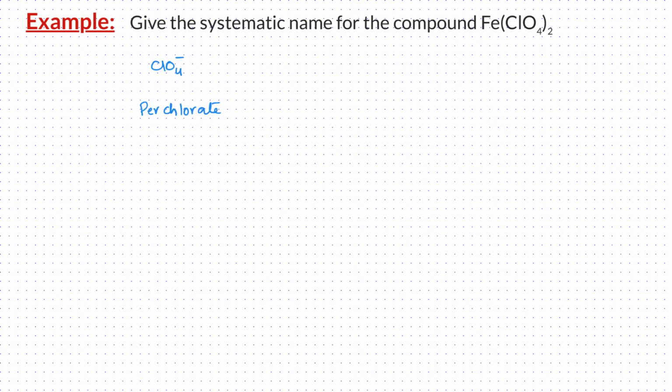Therefore, the overall charge on the iron is +2. Iron can actually form more than one type of cation. Therefore, the charge on the iron must be represented in the name as a Roman numeral. The name, therefore, is iron(II) perchlorate.